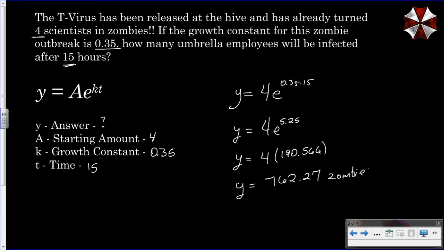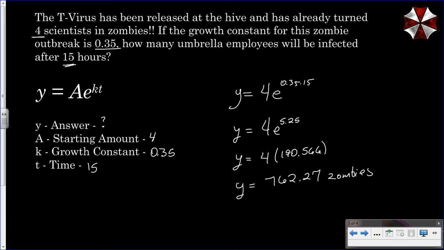zombies. Now you might ask, how do you have 0.27 of a zombie? Well, obviously that one's been shot at a lot, and there's not much left of it. But there's enough there that he's still kind of hobbling around. So there's 762.27 zombies after the 15 hours after the T virus was released at the hive.